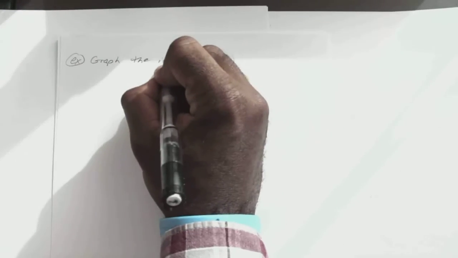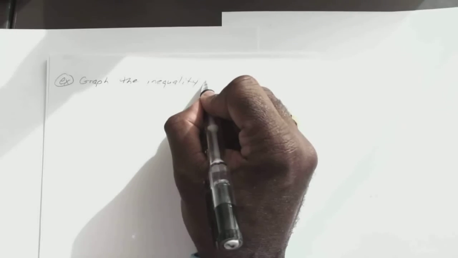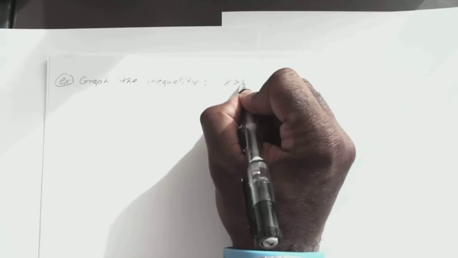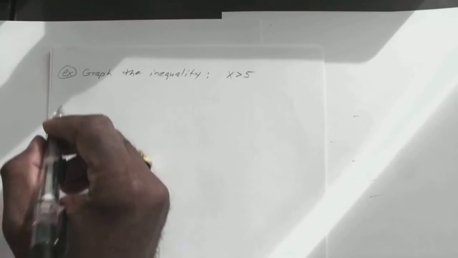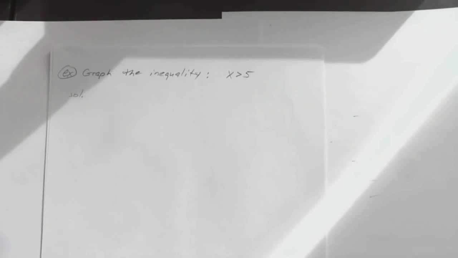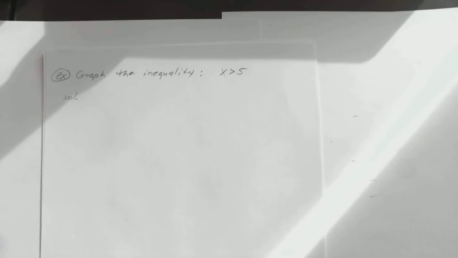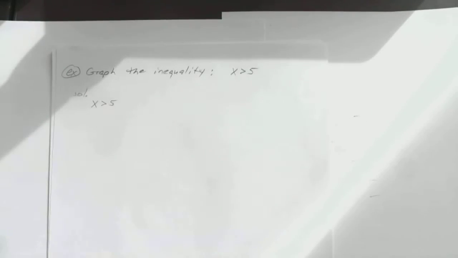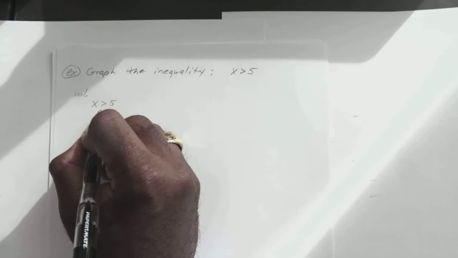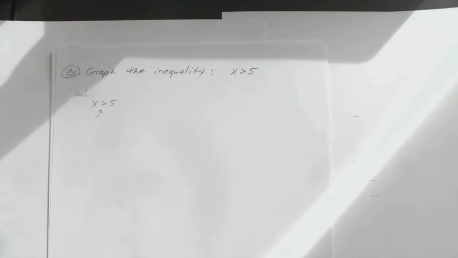All right. So let's say, for example, if you wanted to graph the inequality, say x is greater than 5. Okay, so we know that as soon as we see x is greater than 5, that greater than means we're going to use parentheses.